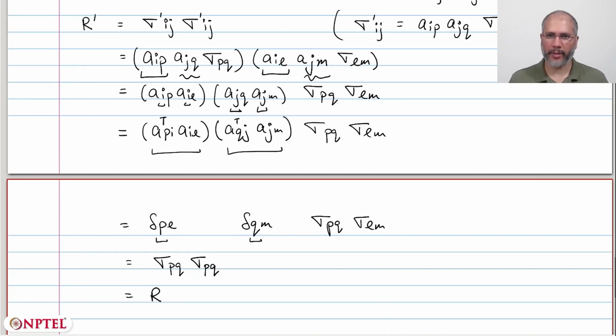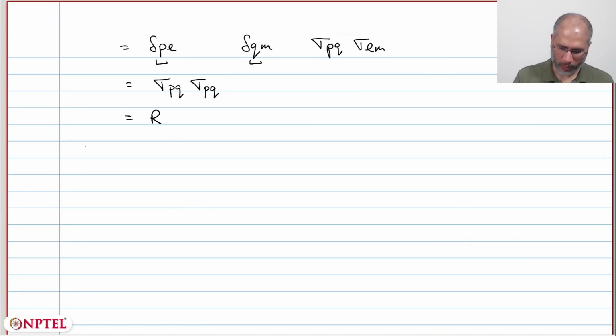Now this is again very interesting. So we have shown that R prime is equal to R. Now what is R prime? R prime is sigma prime ij times sigma prime ij, whereas R is sigma ij times sigma ij.